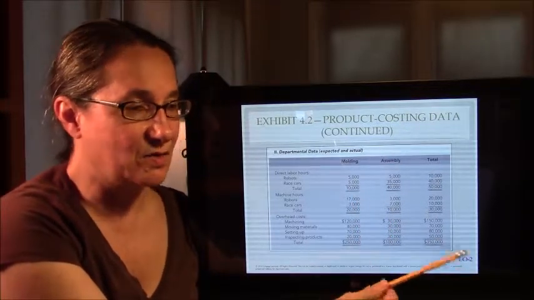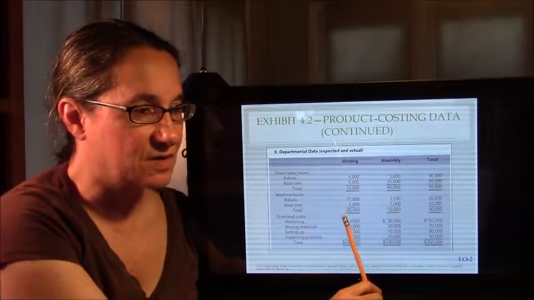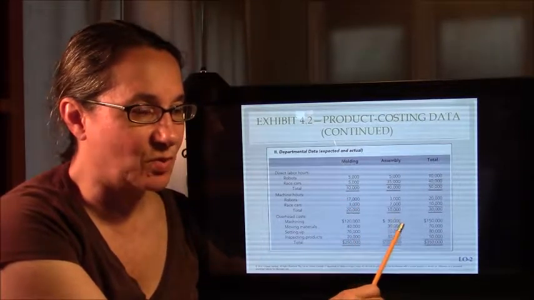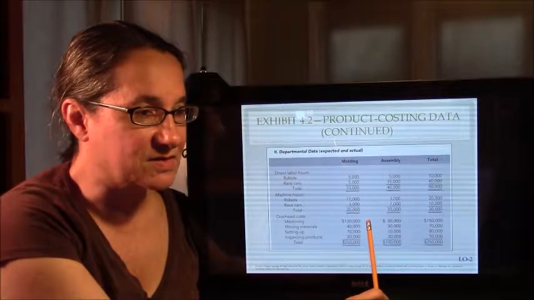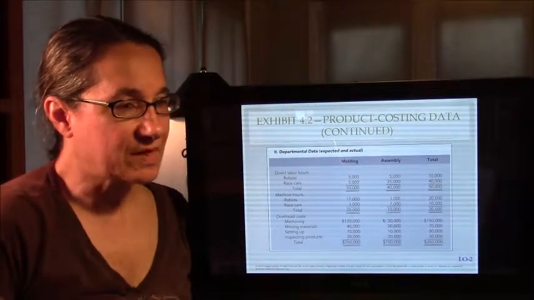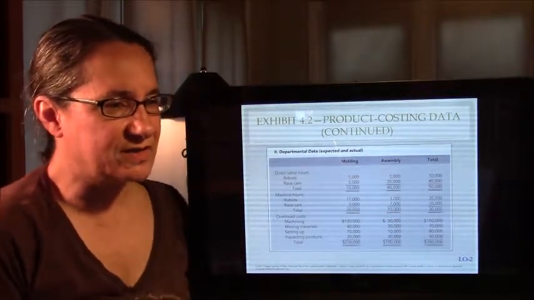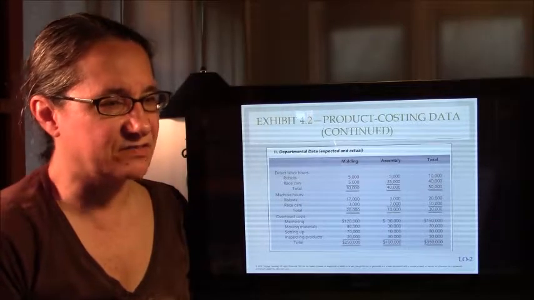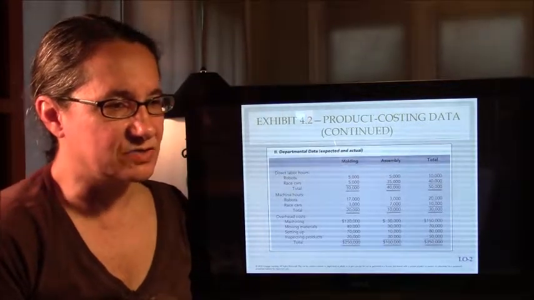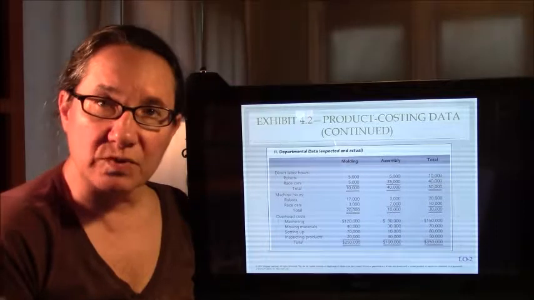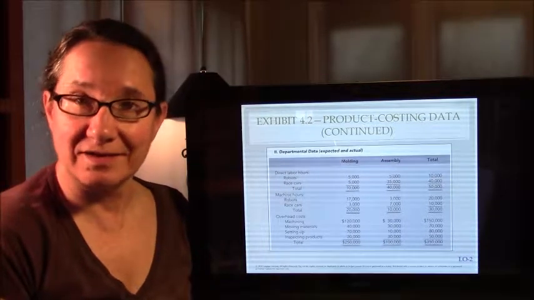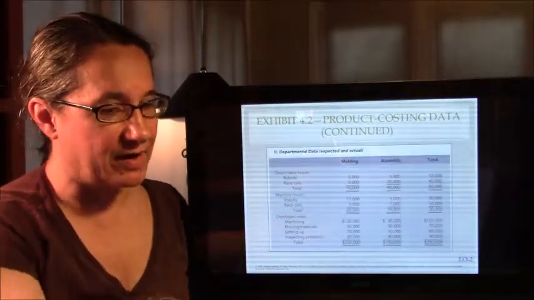So you can see we're getting quite some variation. Machine hours, robots a lot more versus race cars, not that many, and molding. So you can tell there are going to be some distinct differences if you base your overhead on how the resources are used or the activities that are going on here.